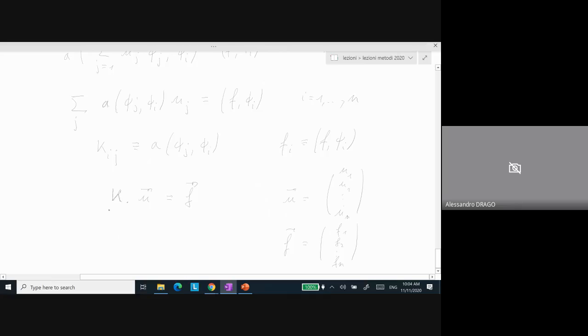And K is a matrix, n times n. This is a column, and this is a column. This object K belongs to R to the n times n. Okay, so that's it essentially for the moment.